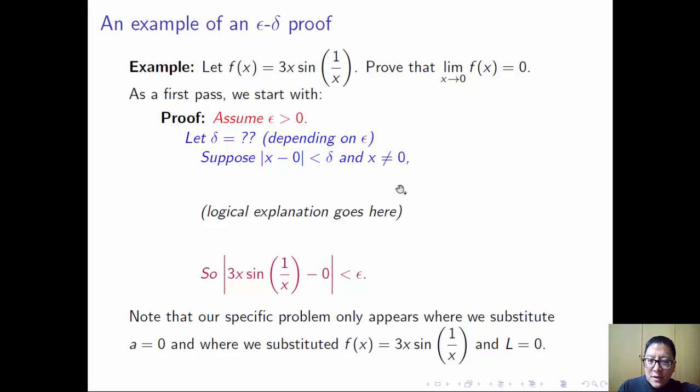Except for these few little details, this is completely generic, except we substituted a equals 0, f of x equals 3x sine of 1 over x, and L equals 0. Otherwise, every problem starts out like this. So there's at least a starting point.